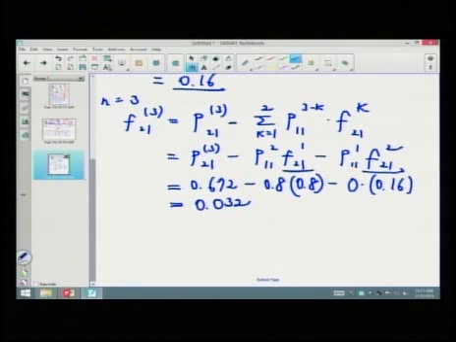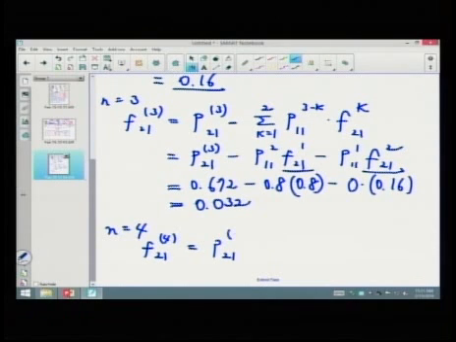So let's do this one more time. If n is equal to 4, then we're going to have f sub 21 to 4th power equals p sub 21 to 4th power minus sum over k equal to 1, 2, 3.